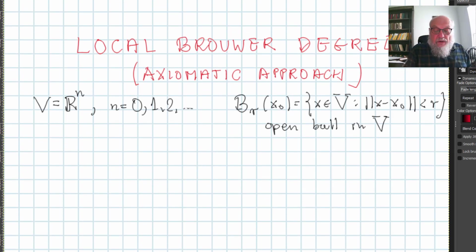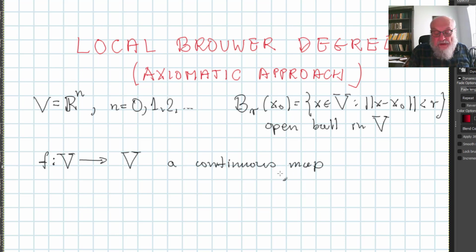And our attention will be given to the following objects. So first of all, assume that f from V to V is a continuous map, and assume that omega is an open bounded set.